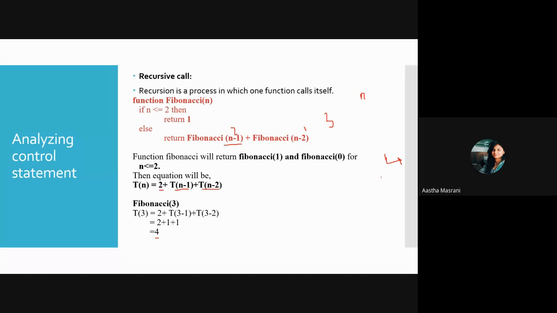So that will be going till n minus 1, n minus 2, n minus 3, till n minus n we need to go, right? So that should be written in the T of n when you write. It will be 1 plus n minus whatever you are finding.